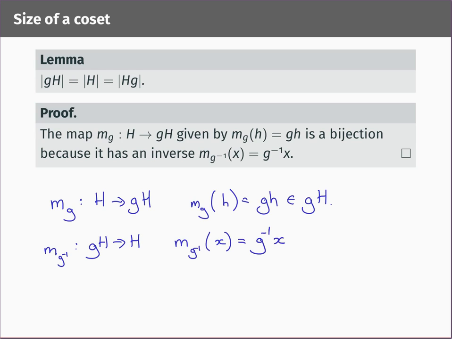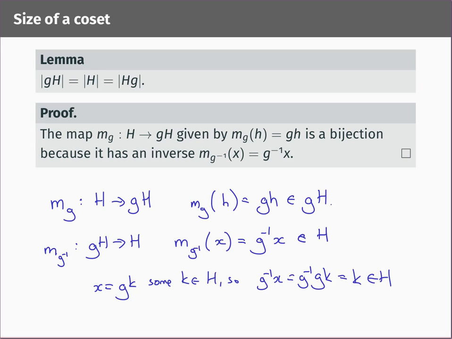And that really is an element of H. And the reason it's an element of H is that actually x is equal to gk for some k in H. So g to the minus 1 x is equal to g to the minus 1 g k, is equal to k again, and that really is in H. So this M_g to the minus 1 really does provide us with a function from gH to H.